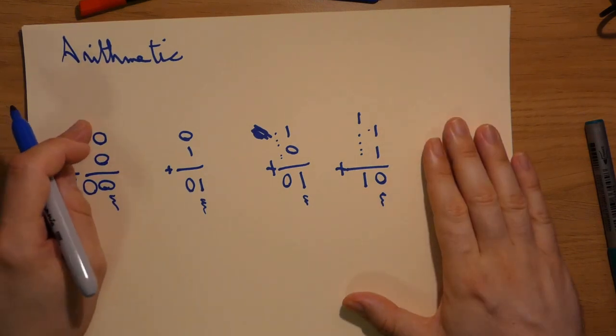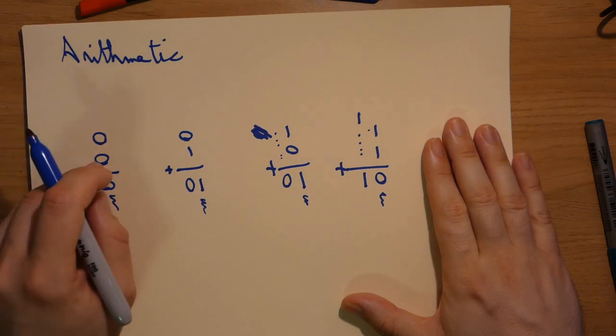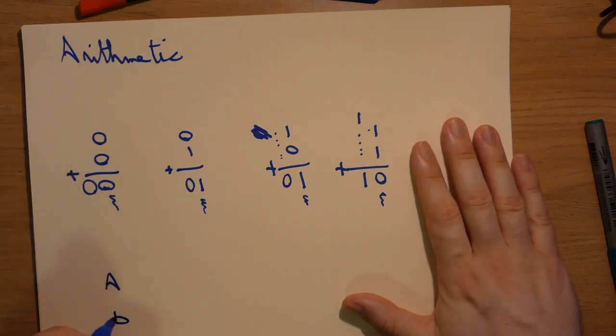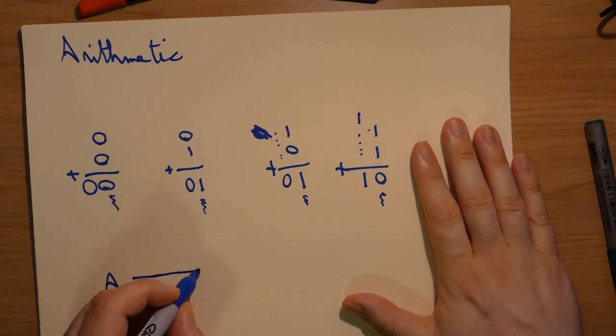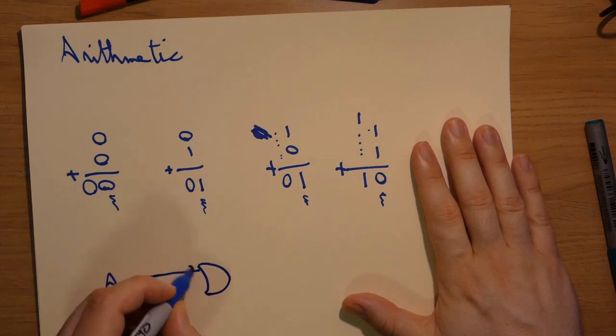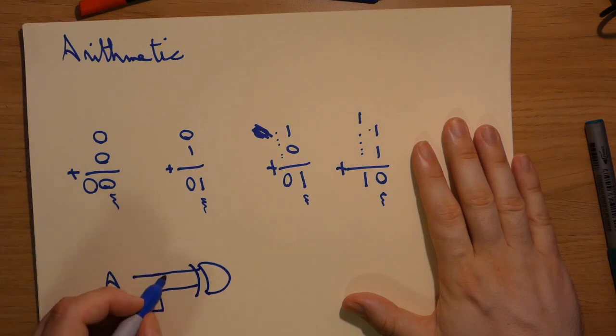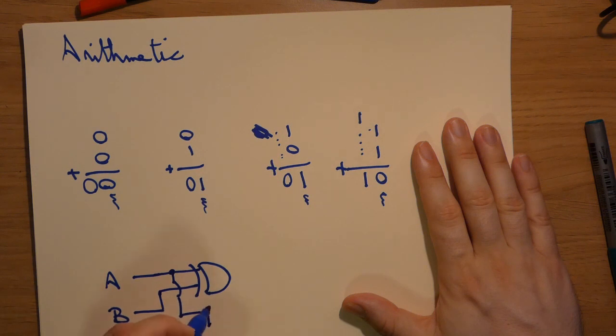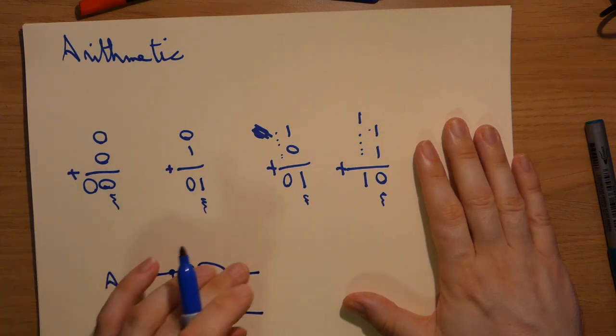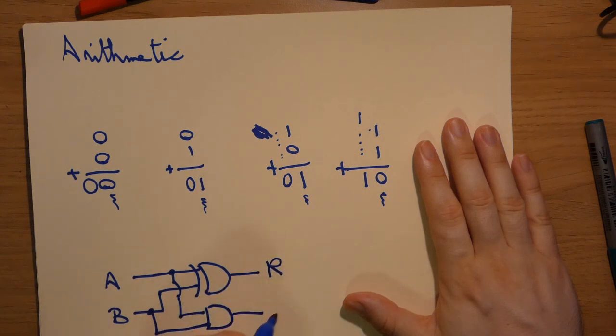So imagine I have those different digits, I call them A and B. I'm going to have my exclusive OR gate, and then I'm going to have an AND gate, and then here I'm going to read the result, and then here I'm going to read whether or not there's a carry.